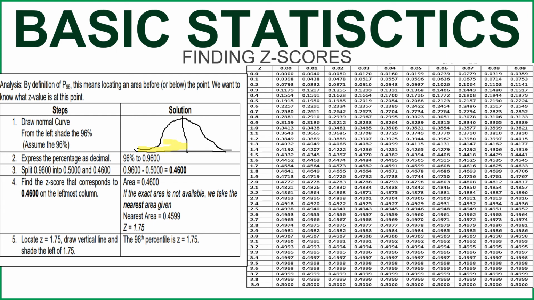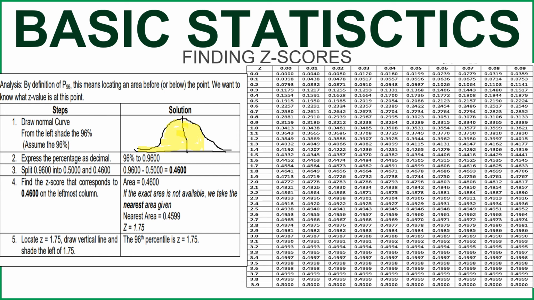Because symmetrical nga, sabi ko nga, that is 50% na siya. So, nasaan banda yung 96? Let's say, baka banda siya dito. Let's assume, di ba? This is the 96% of the normal curve. Ayan. Okay. So, na-draw na natin yung normal curve natin.